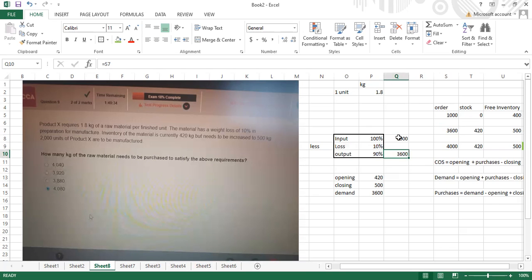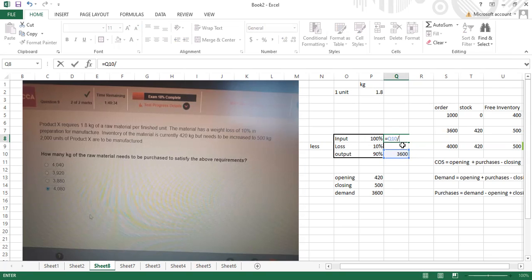If you want to calculate how much the input should be, the base of this 3,600 is 90%.